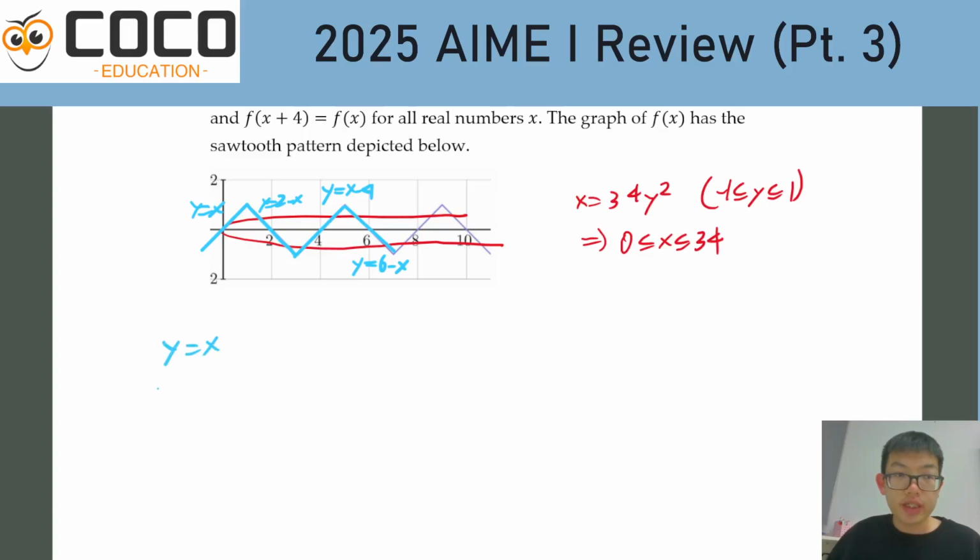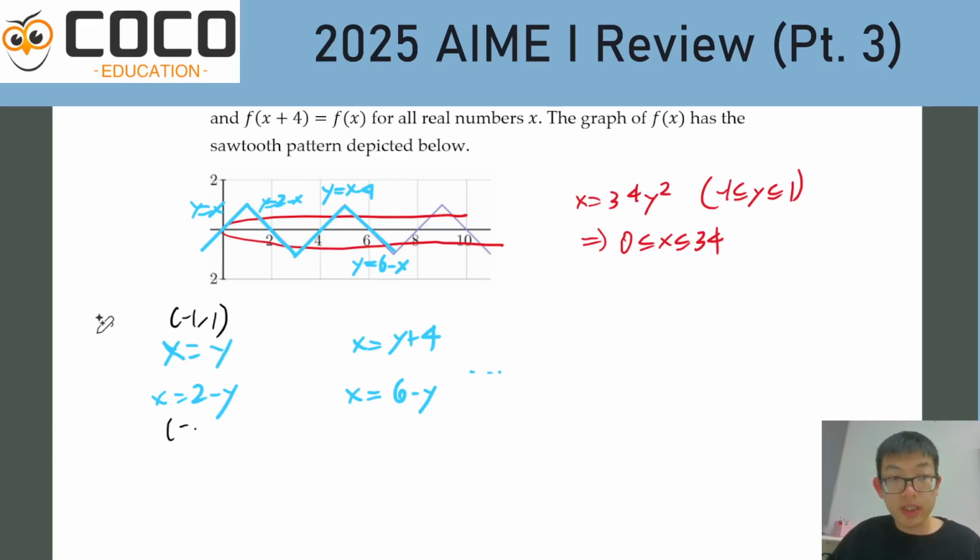Let's make x the subject. x equals y. x equals 2 minus y. x equals y plus 4. x equals 6 minus y, and so on. These correspond to the intervals as in the question, -1 to 1, 1 to 3, 3 to 5, and so on.